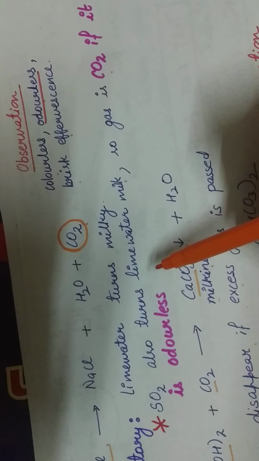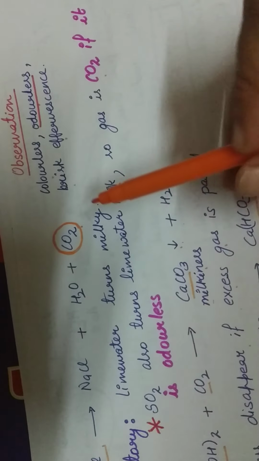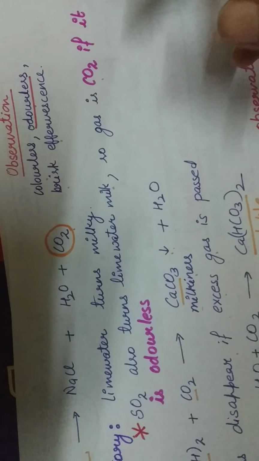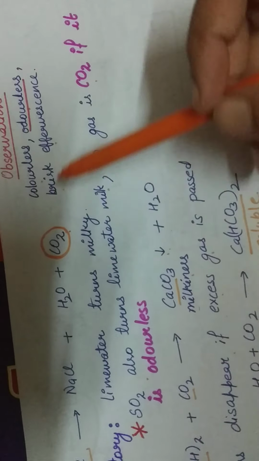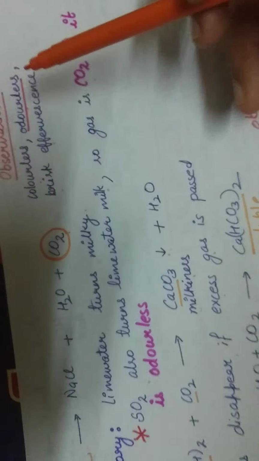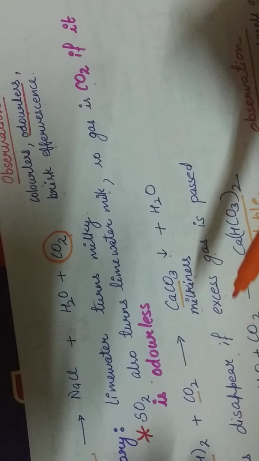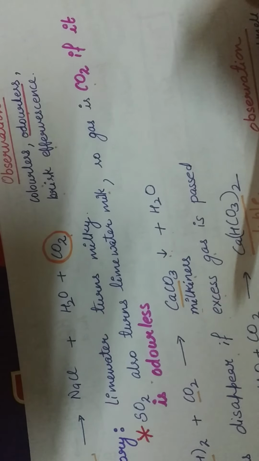So sometimes gases have one or more of the same characteristics, and at that point we should know how we can distinguish those gases. Carbon dioxide and SO2 are both colorless gases, but carbon dioxide is odorless, whereas sulfur dioxide has the smell of burning sulfur. You can imagine it like when you rub a matchstick against the matchbox, that friction smell, so it's like that.